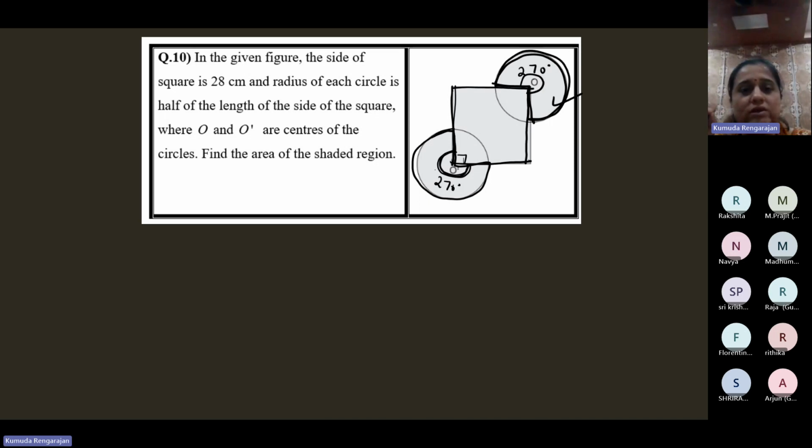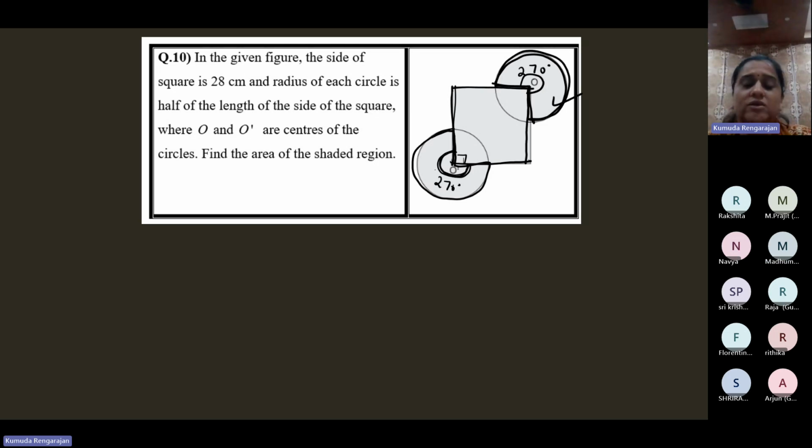So area of the square, side is 28 centimeters. What will be the radius of the sectors? 14 centimeters, ma'am. Correct. 14 centimeters.